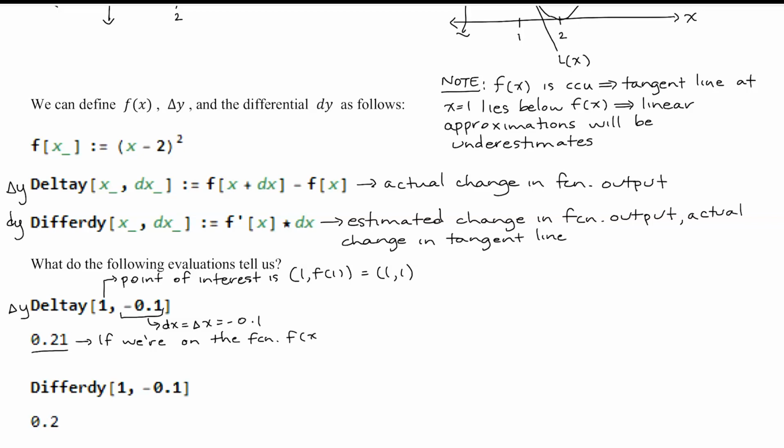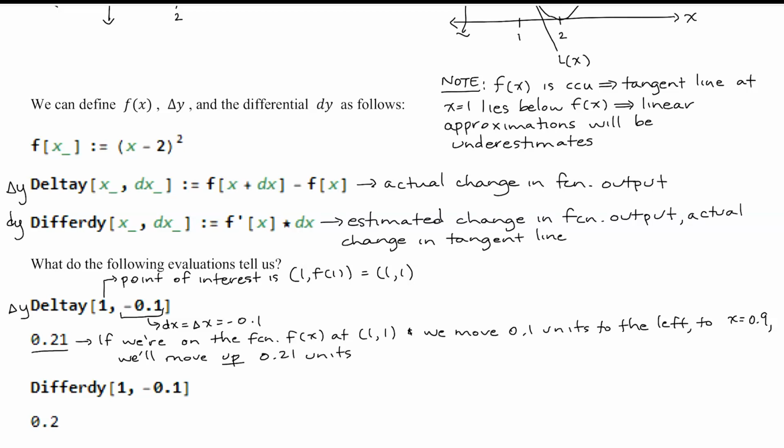Okay, so if we're on the function f of x at the point (1, 1), and we move along the function 0.1 units left to x equals 0.9, we'll move up 0.21 units.